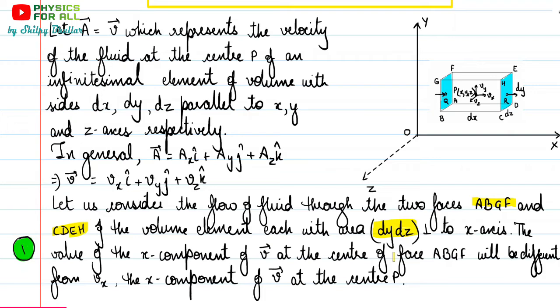Thus, the x component of this velocity vector v at the center of the face, at point Q, will be different from what it is at P, because we are considering a velocity vector, and a vector has both magnitude and direction.